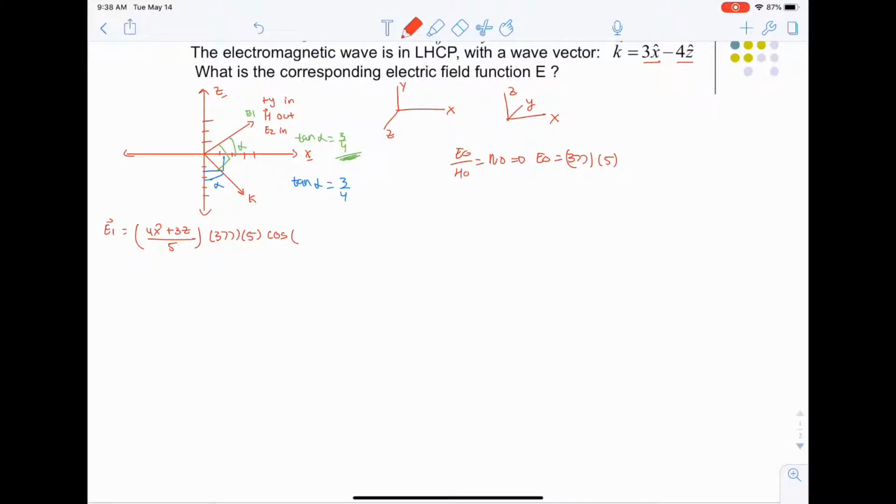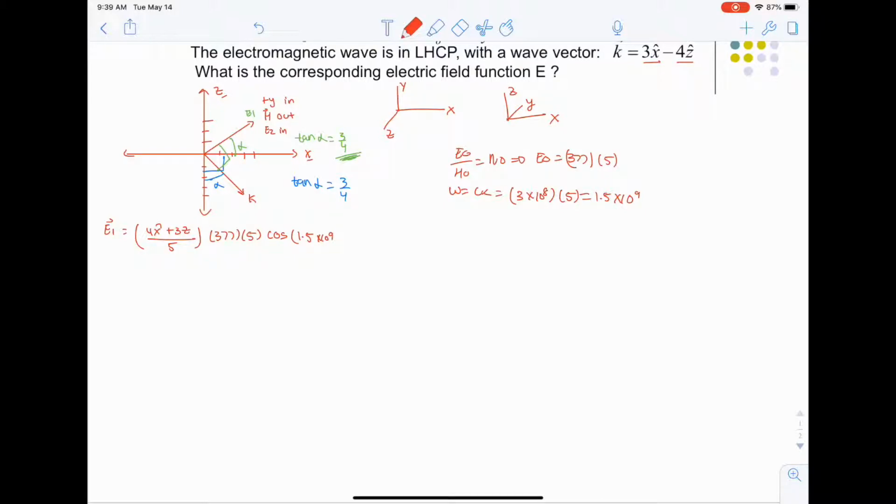of omega t. And we know omega equals ck. And c is the speed of light, so 3 times 10 to the 8. And k is 5. So that is 1.5 times 10 to the 9. So it's cosine of 1.5 times 10 to the 9 t.